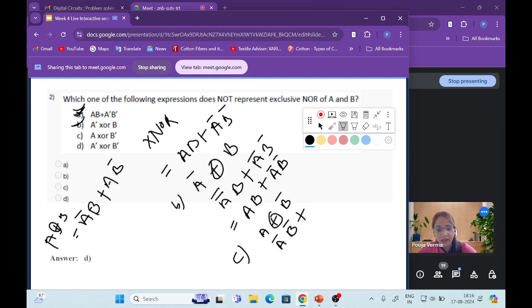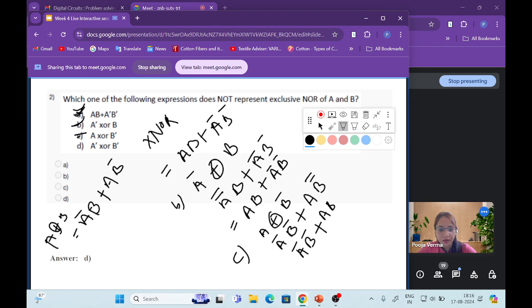Next is A and B dash, so B double dash will be there, which is B only because the double dash cancels out. A dash B dash plus A B. So option C is also representing the XNOR gate expression, right? So option C is also correct.